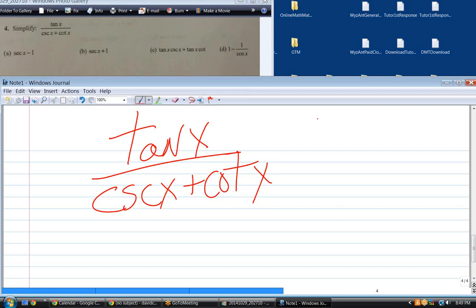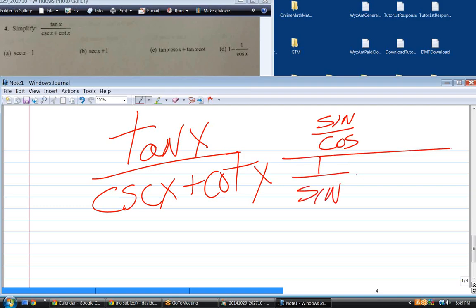Maybe I'm wrong. So first of all, we have sine over cosine divided by 1 over sine plus cosine over sine. Well, that's helpful because we've got a common denominator. So let's add the denominator, flip, and multiply.